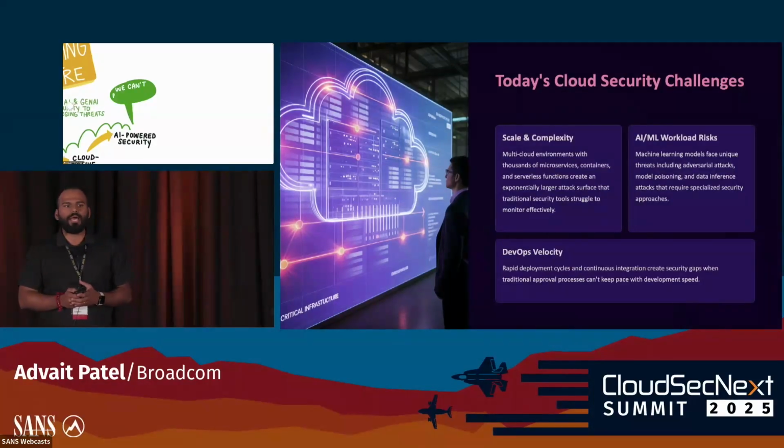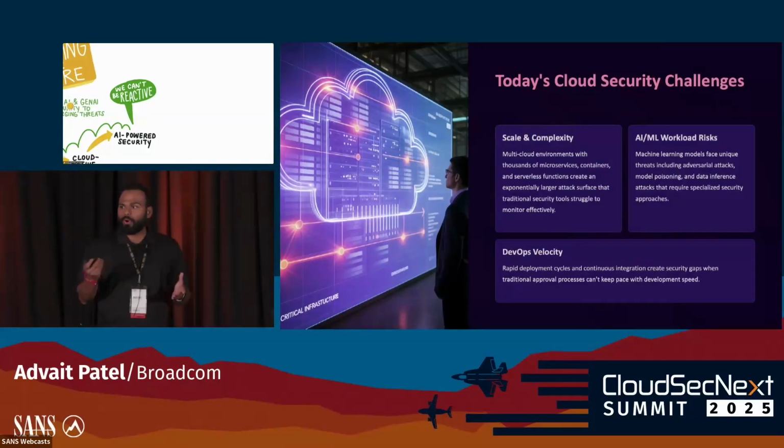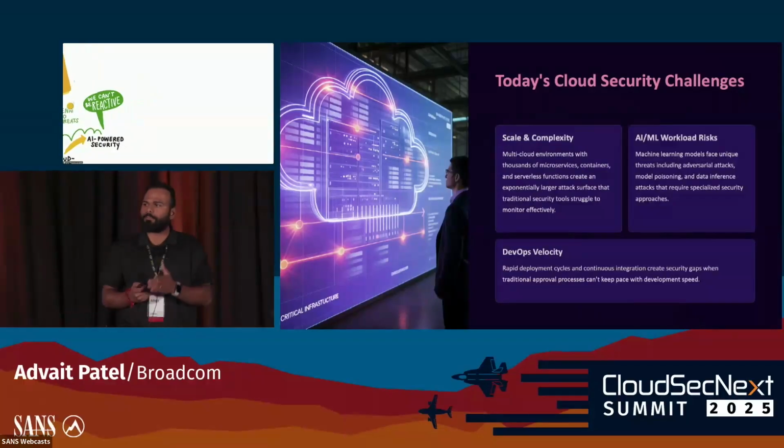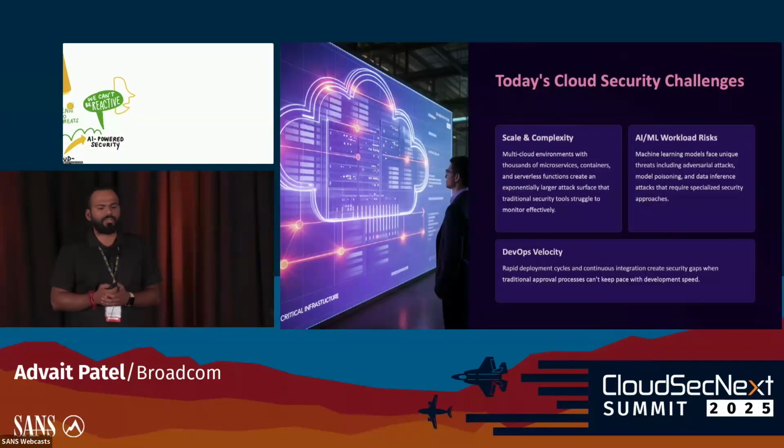Teams are deploying their environments in multiple cloud environments using multiple cloud products. Doesn't matter now whether you are in AWS, you can deploy your workloads as a hybrid cloud. And also this scalability and complexity is exponentially increasing the attack surface for the production environment.